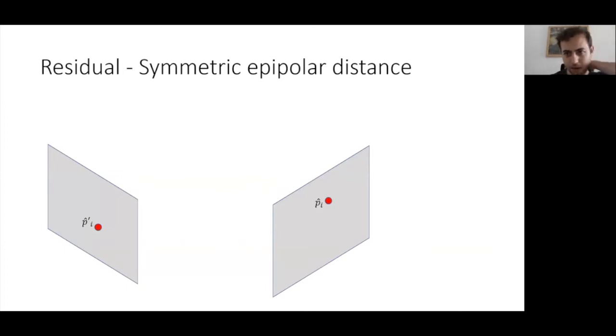It's just the symmetric epipolar distance error. So you take one point from one image, map it to its corresponding epipolar line in the second image using the currently estimated F, and you measure this distance. So if F is completely accurate with the point, you will get a 0 distance, right? So they do it symmetrically.